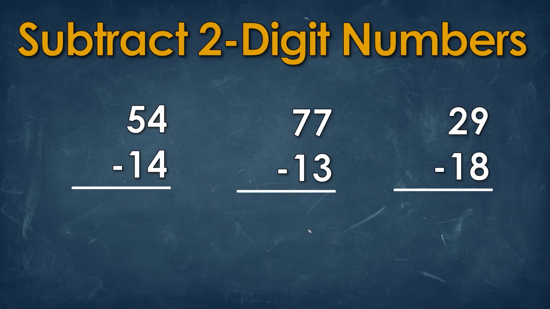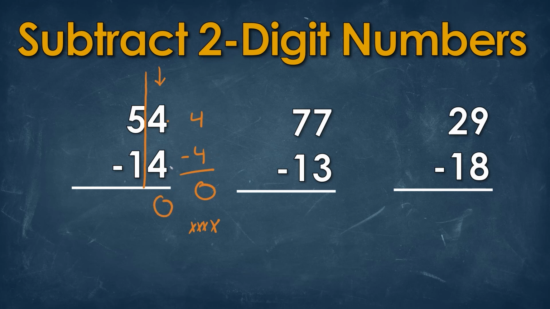Let's take a look at 2-digit numbers. We do the same thing. We put a line down the middle, and we look at the right column values first. We have 4 minus 4. Well, if we have 1, 2, 3, 4, and we subtract the same amount, all we're left with is 0. So 4 minus 4 is 0.